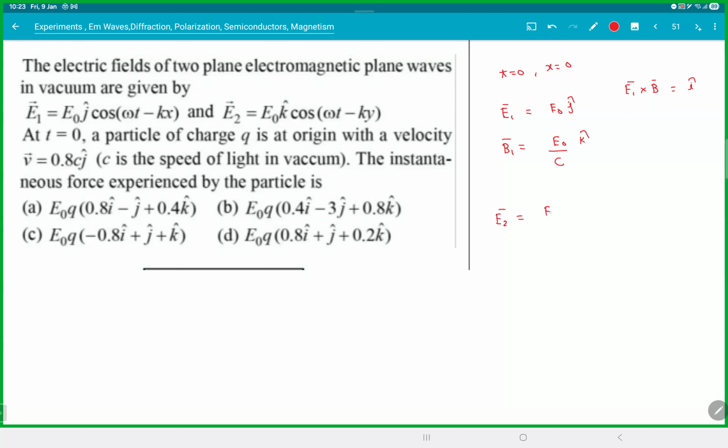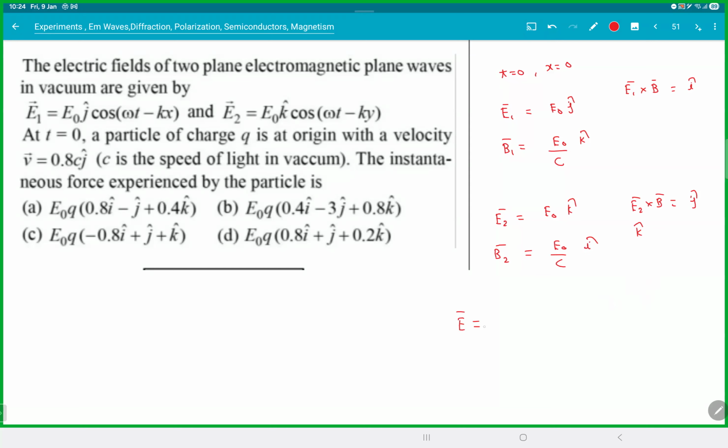Similarly, E2 bar will be E naught K cap. This will give another magnetic field, which is E naught by c. And again, E2 cross B must be J cap, and E2 is K cap. So this would be K I J K. So K cross I, so this is I cap.